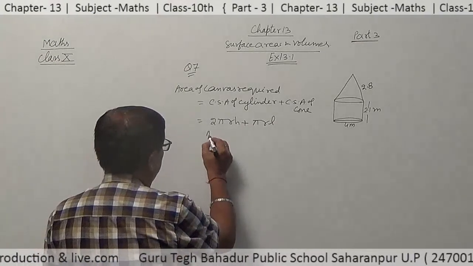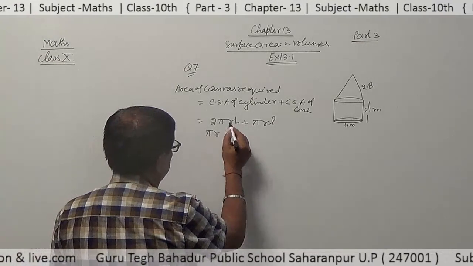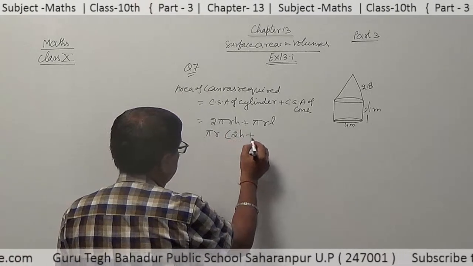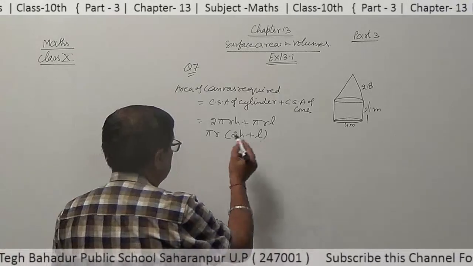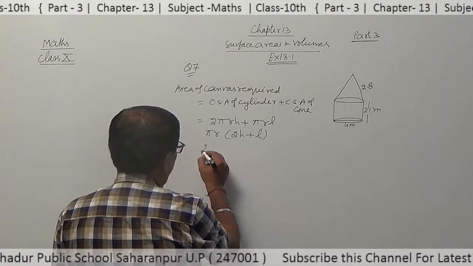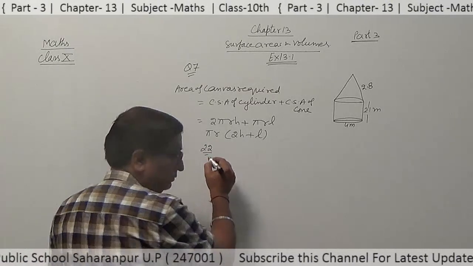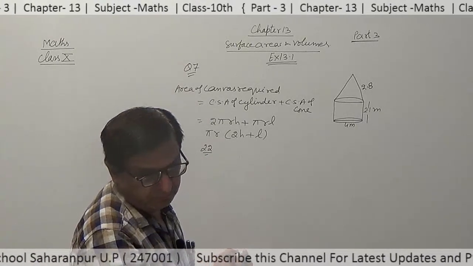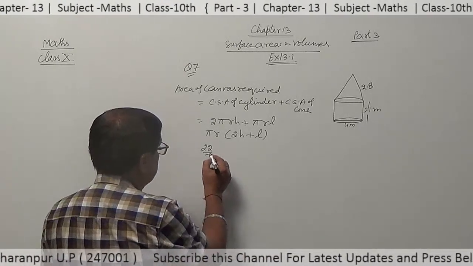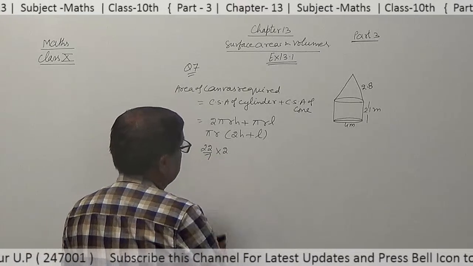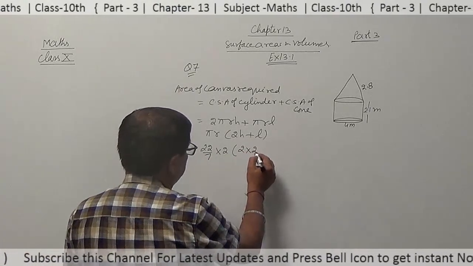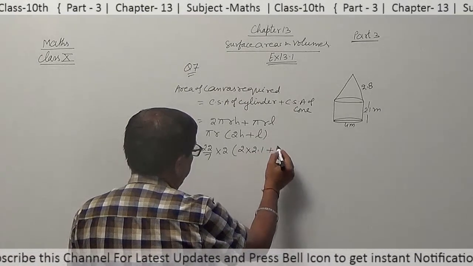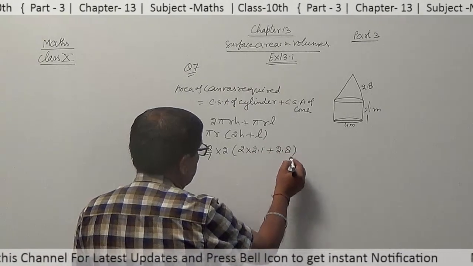So, taking pi r common, that is 2h plus L. Value of r is 2, 2 into height is 2.1, slant height is 2.8.